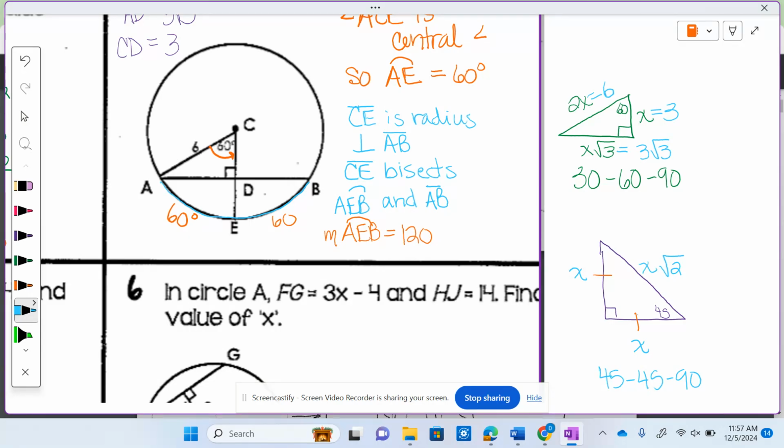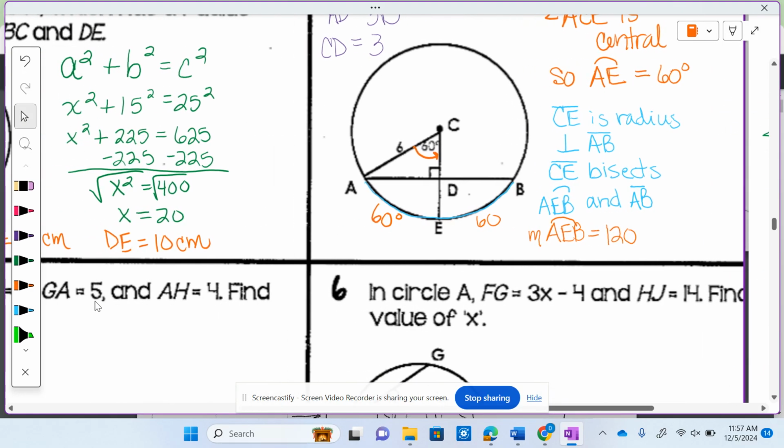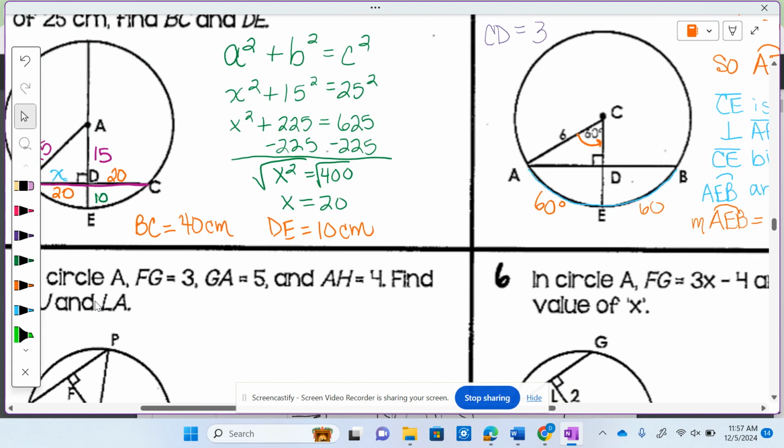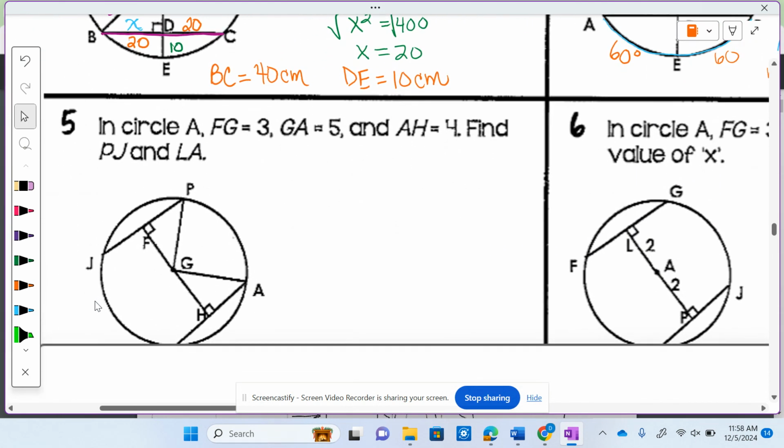Can we go to number 5? Okay. Number 5. In circle A, FG, it's not even labeled right. What should this circle be called? Yeah, this should be called circle G. I actually have to white that out and fix that. We are going to turn that into a G. Why should it be called circle G?